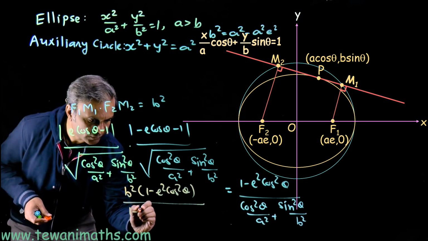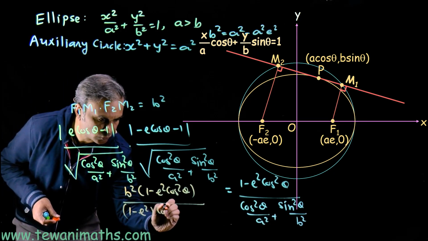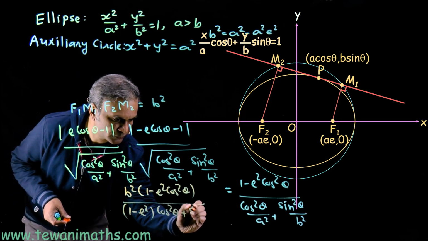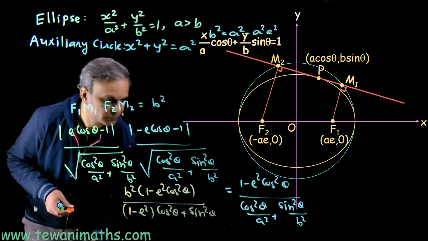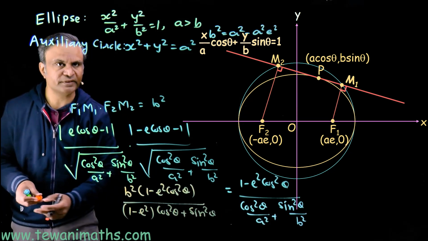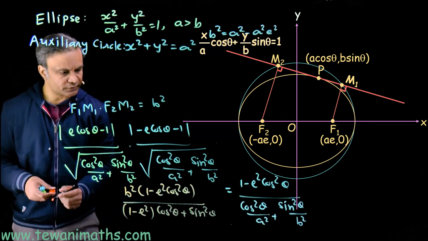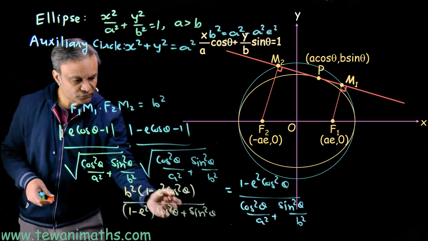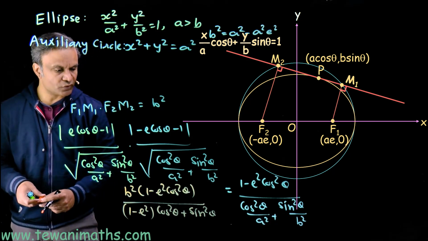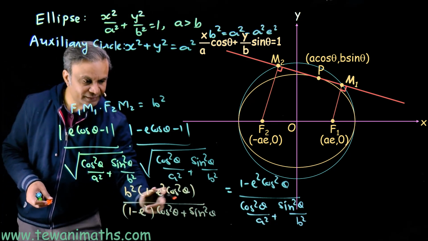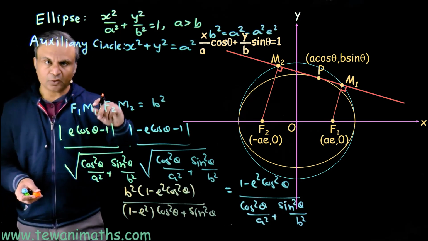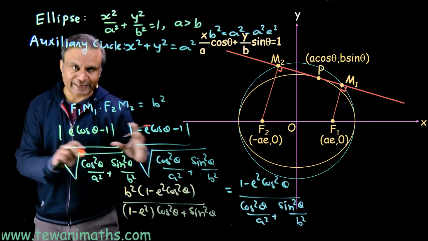Okay, so we have 1 minus e square cos square theta plus sin square theta. We are multiplying denominator by b square, so here b square gets cancelled out. So we have here sin square theta. Now cos square theta plus sin square theta is 1. So in denominator we have 1 minus e square cos square theta. This factor gets cancelled out.